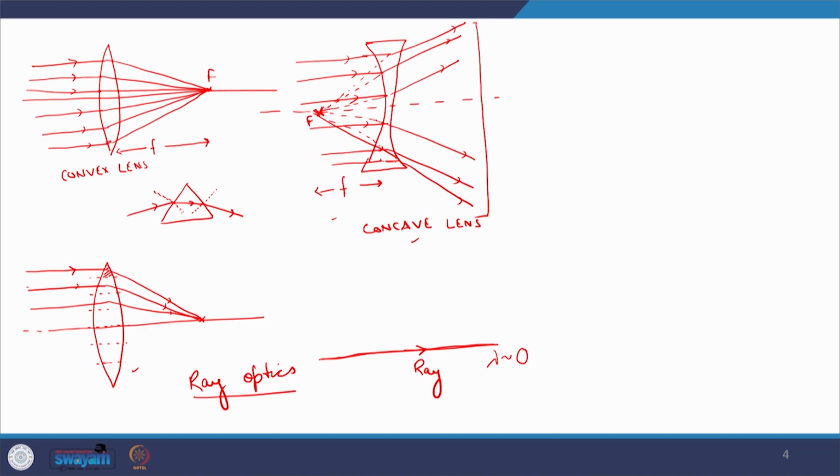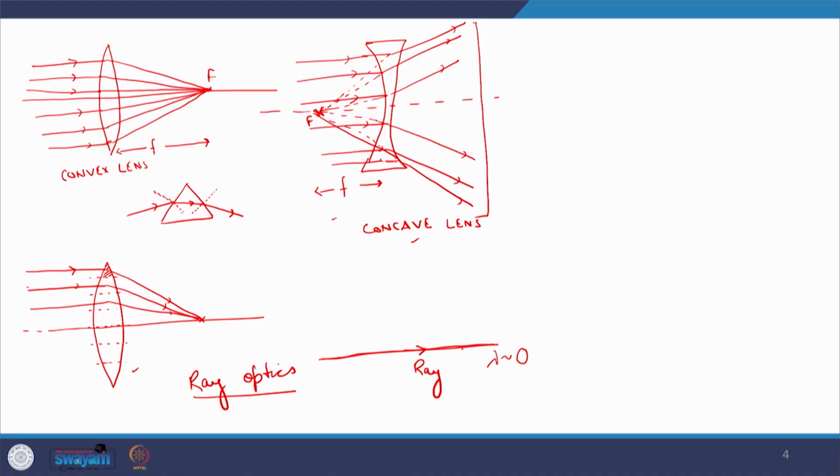Optical wavelength varies from 400 to around 750 nanometer, and compared to those wavelengths, the dimensions of these lenses are very huge. Therefore, we can safely neglect the finiteness of wavelength. We can assume that wavelength is almost equal to 0, and there we can define a ray.